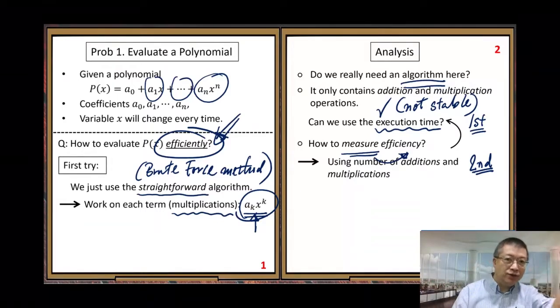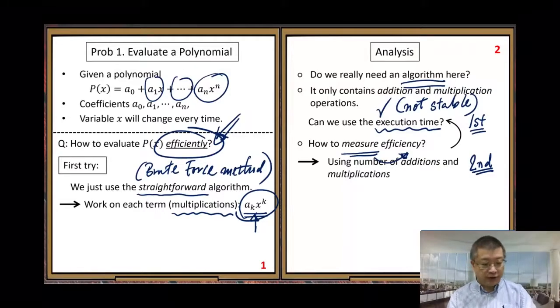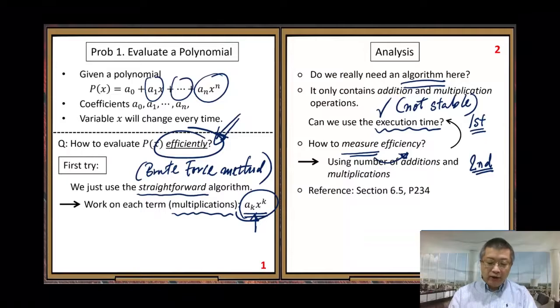So let us do some other things first. Let me give you the reference of this problem. You can see I jumped to our textbook, section 6.5 on page 234. The reason is simple: I feel this problem is the best for our Module 1 introduction, in my opinion.